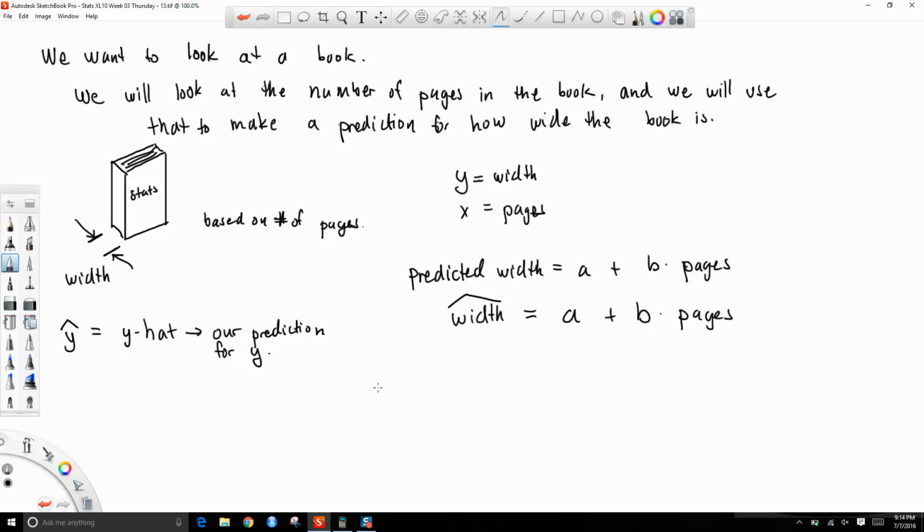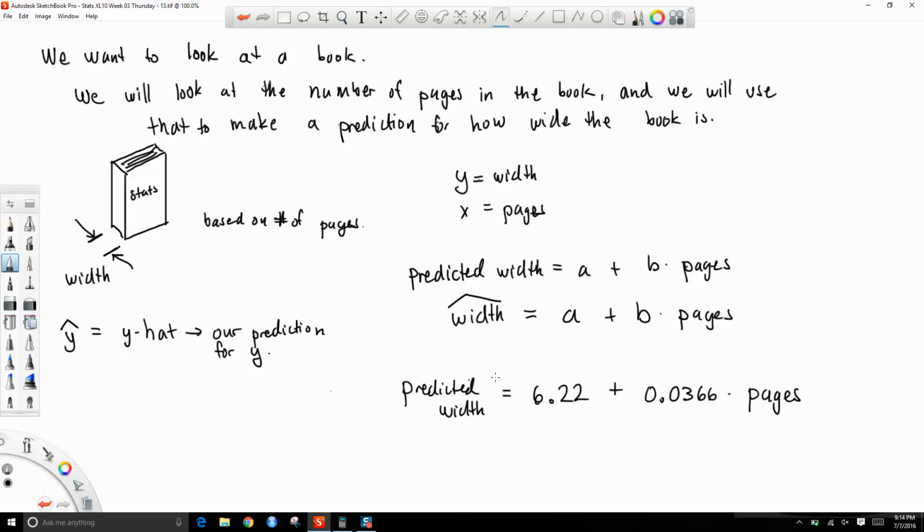So one example is we're going to try to predict the width. We've got predicted width equal to 6.22 plus 0.0366 times pages.